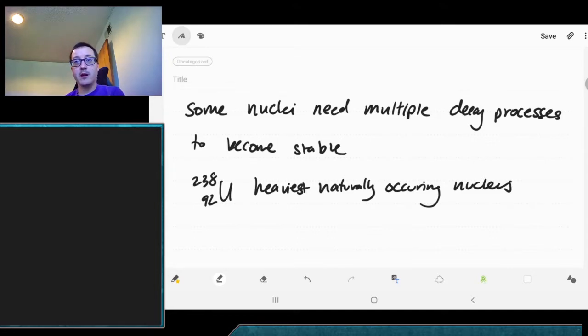Uranium is found in various rocks, so it is naturally occurring. It's got a really long half-life. We'll talk about half-life in a bit, but it's still here from when it was first created in the Big Bang, after all the elements figured out what they're doing.